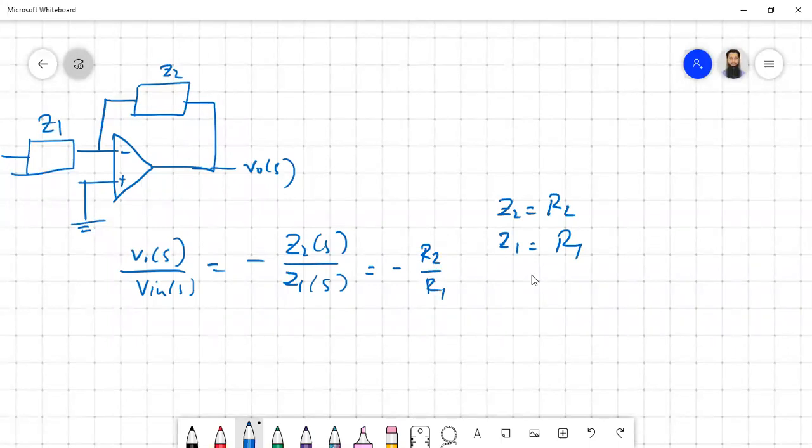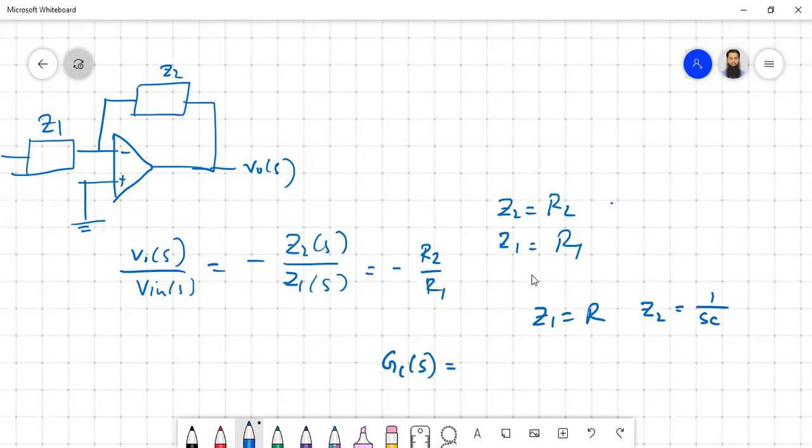But if you have something else, like say Z1 is a resistance and Z2 is a capacitance, capacitance 1 by SC, then what should be our controller transfer function? It will be something like this.